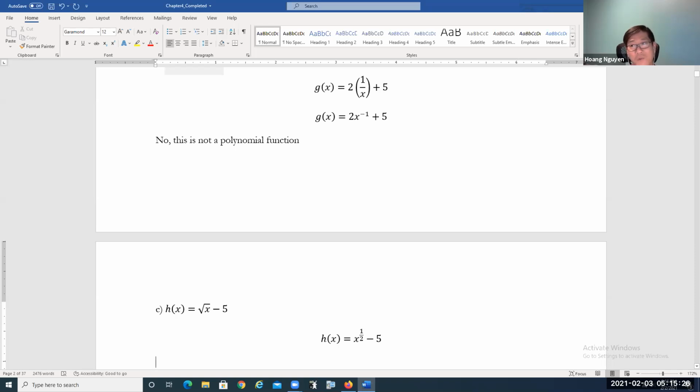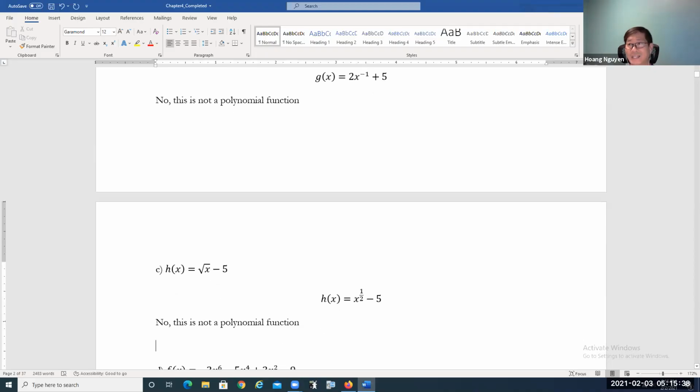So once again, because 1/2 is not a whole number, this is not a polynomial function.